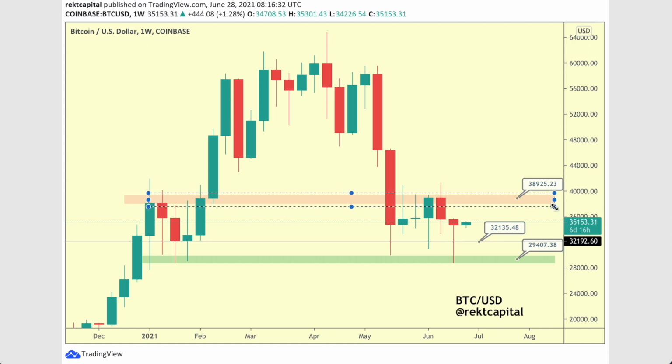So this is the range low of the macro consolidation range, and this is the range high of the macro consolidation range. So we're just consolidating between 29 and 39k, effectively speaking. So we've been able to protect the 29k region last week. And the best thing about that is that we've closed above 32K, and we've also managed to close above 34K, which is great because we're reclaiming old levels that we previously thought we lost last week, and we're still keeping them as a support.